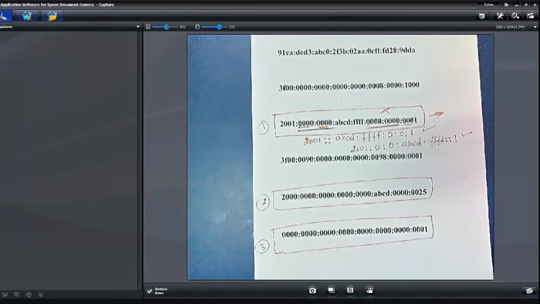Remove the continuous zeros. Leading zeros not removed.